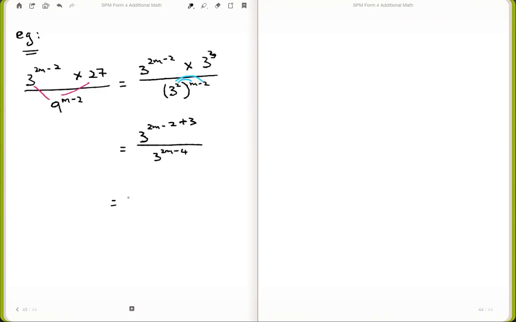That would be 3 power 2m plus 1. This is division, division is minus. You subtract 2m minus 4. You should be good at using brackets, otherwise you miss out the sign. The sign went missing. So you times it in. Therefore, the answer is supposed to be 3 power, what?